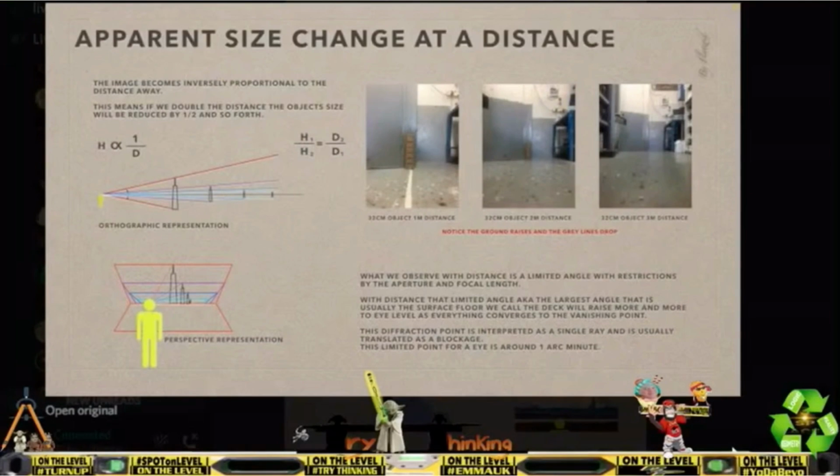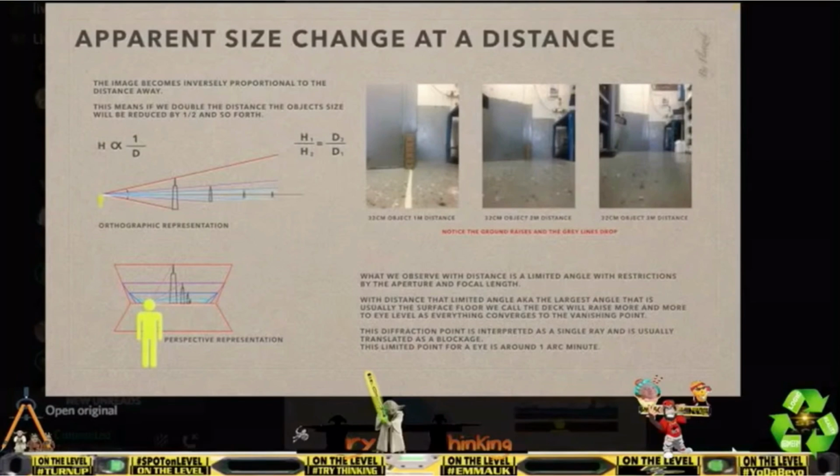My phone is sitting at exactly the same elevation, everything on the ground. The second one is 2 meters away, and the third one is 3 meters away, just to show how it changes angular size as you move away. The thing you must notice is the ground is rising towards the convergence line, and those grey lines are lowering towards the convergence line as you go away with distance. So that is about it.